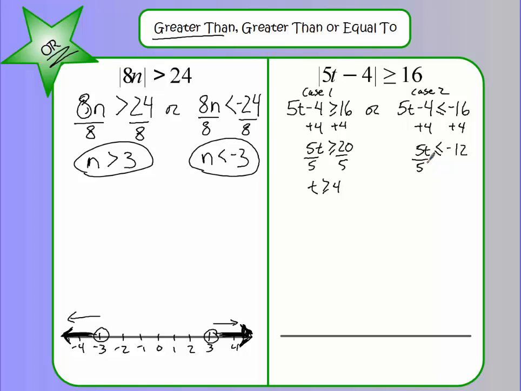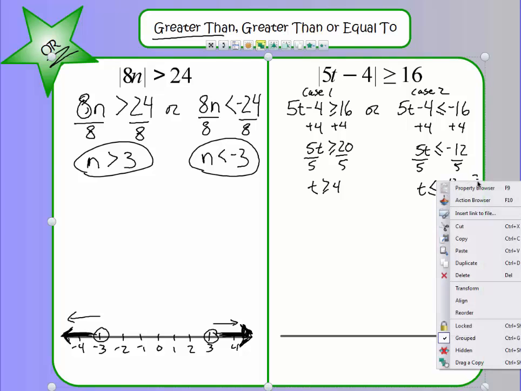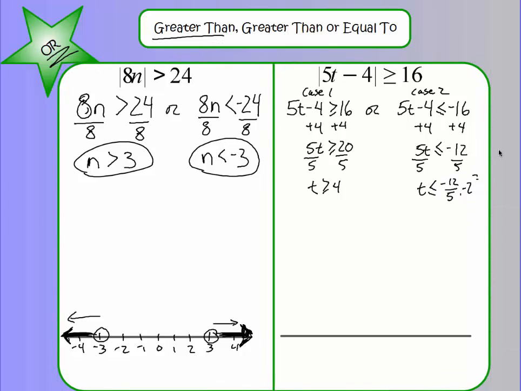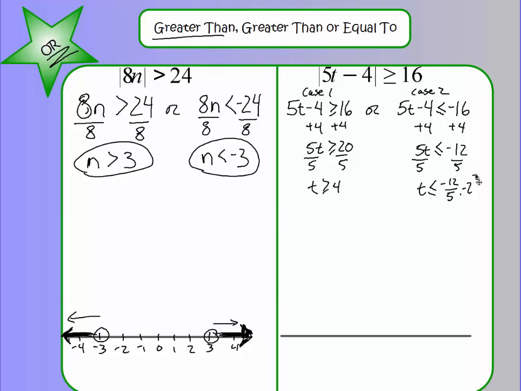Dividing by 5 tells me t is less than or equal to negative 12 fifths. Okay, that's a little bit more than 2. I'm sorry, negative 2. That's like negative 2 and 2 fifths.